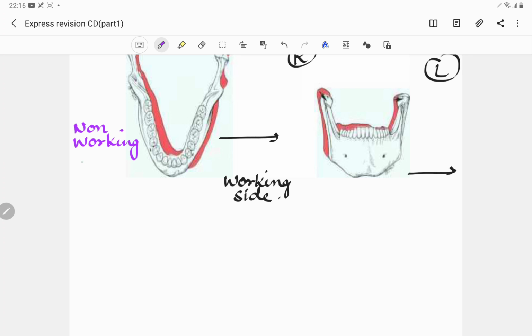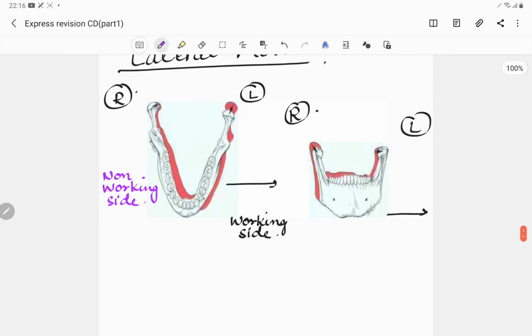So if the patient is doing left side movement and the mandible is shifting to the left, that means the side on the left is the working side, the side on the right is the non-working side. So on the left side there is going to be the outward movement.